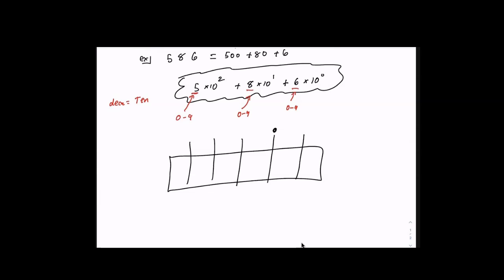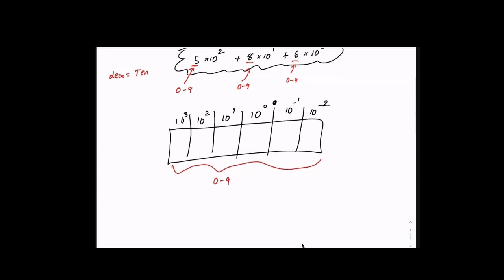This would be 10 to the negative 1, 10 to the negative 2, 10 to the 0, 10 to the first, 10 squared, 10 cubed. Within each of these spots, based on the decimal number system, there are 10 possibilities that can go within each of these numbers.